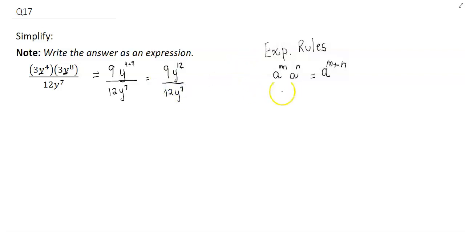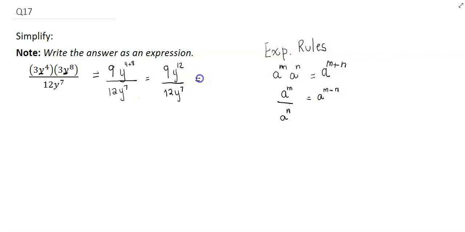Now I'm going to use another exponent rule. If I have an exponent and another exponent divided by each other with the same base, I keep the base and I subtract the exponent.